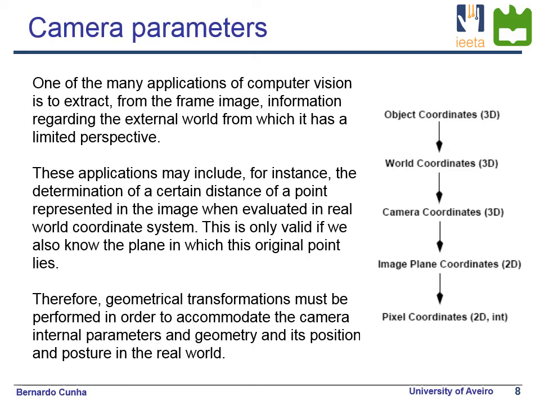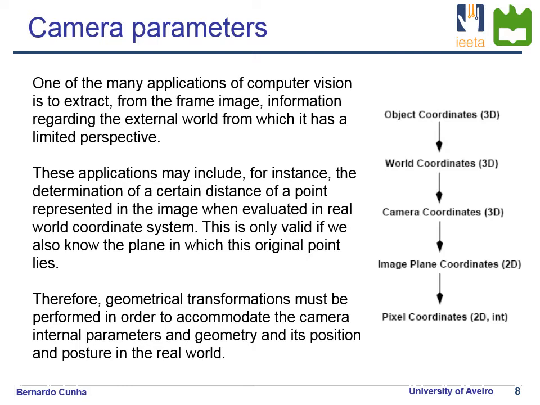Therefore, based on the information we get here and some knowledge we may have of the external world, we can perform geometrical transformations that can accommodate the camera's internal parameters and its geometry, position and posture in the real world. That is, if I'm looking at something within a certain world coordinate system, I also have to know the current position of the camera that is looking into this world.